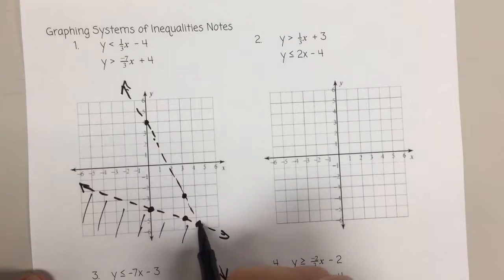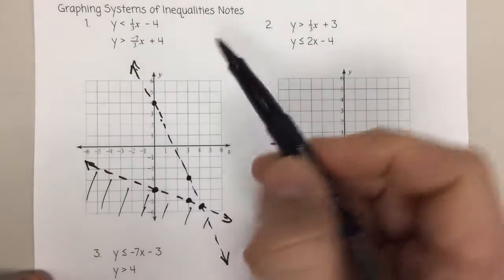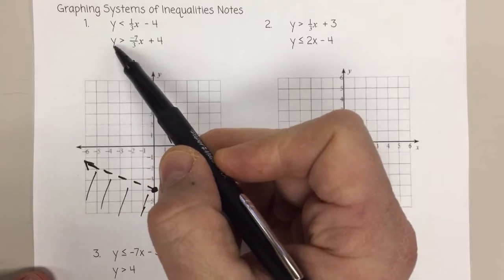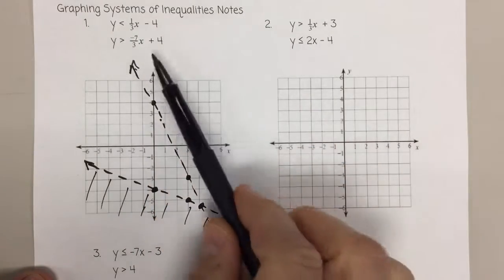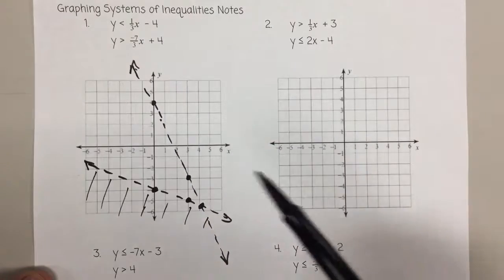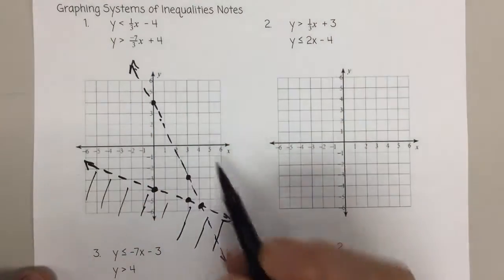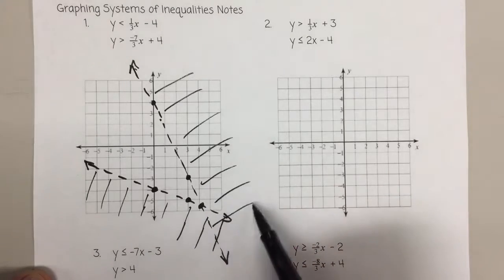Notice they cross. Okay, that's good. Now, which side of this line should I shade? Since it says y is greater than the line, I would shade above this line. So above this line is this way. Again, I'm going to shade really lightly.